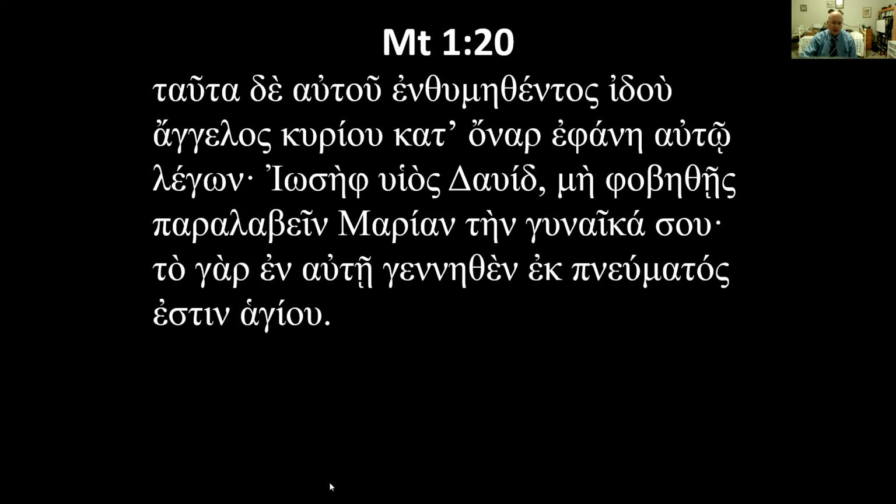I was actually stumped because I didn't review myself just before starting this video by this verb form, enthumethentos, which is an aorist passive participle of enthumeomai, which means to consider, to think very hard about something, to, we say, mull it over.